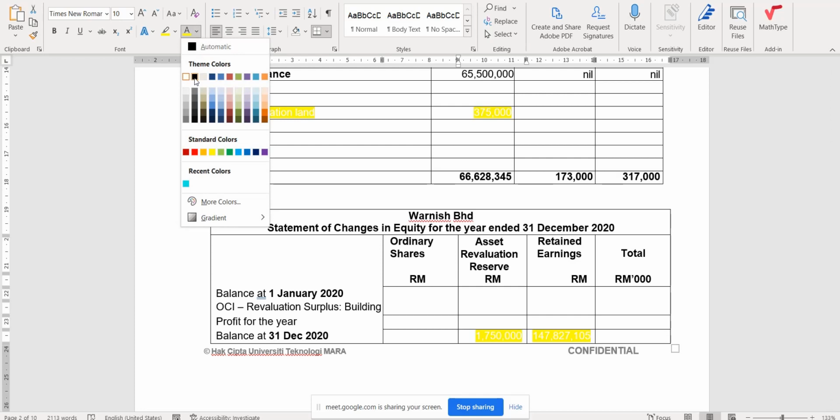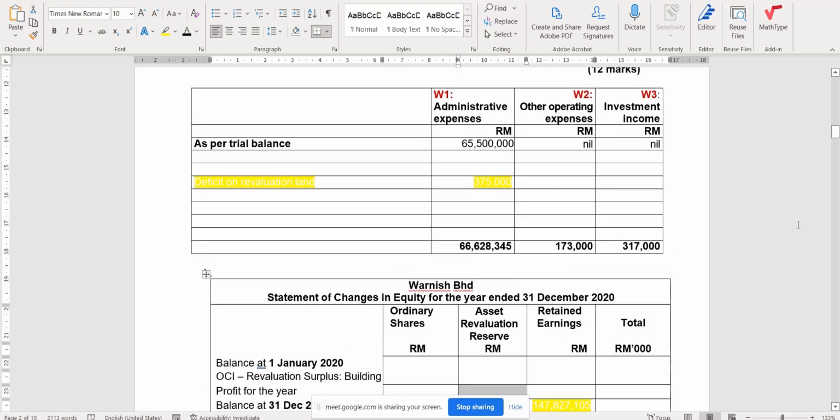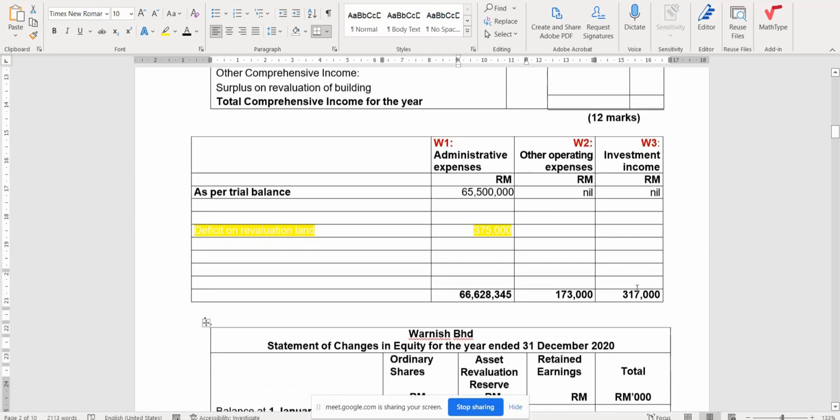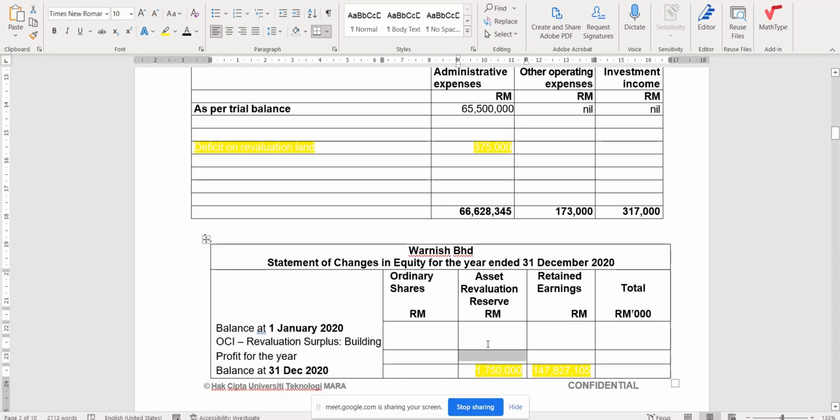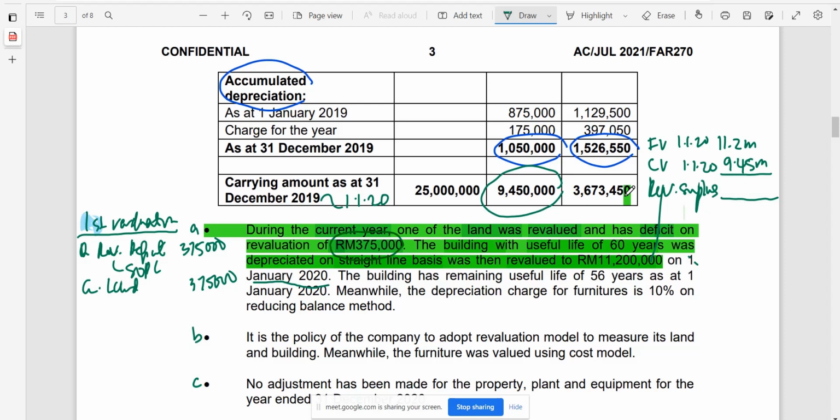Hello? Okay, what is the figure for revaluation surplus? 1,750,000. Okay, 1.75 million, right? Good. I think that was the internet problem that you guys cannot respond.